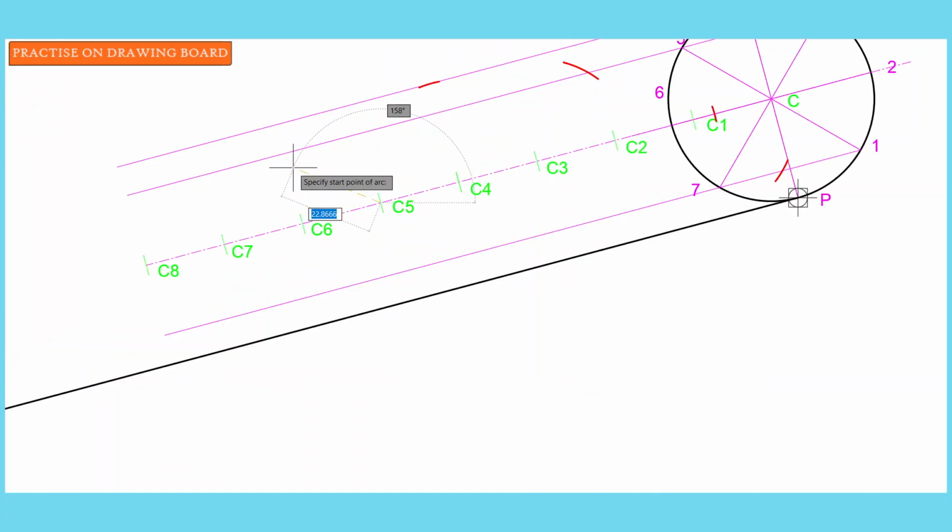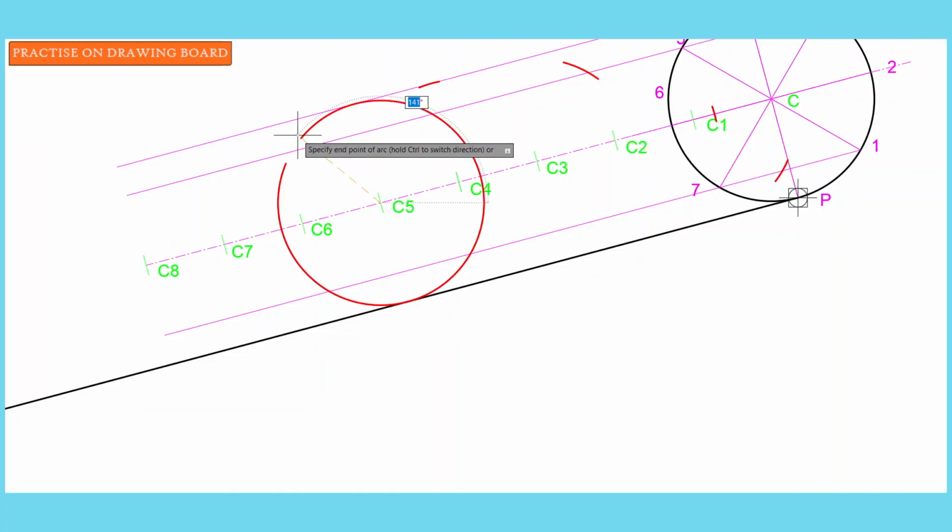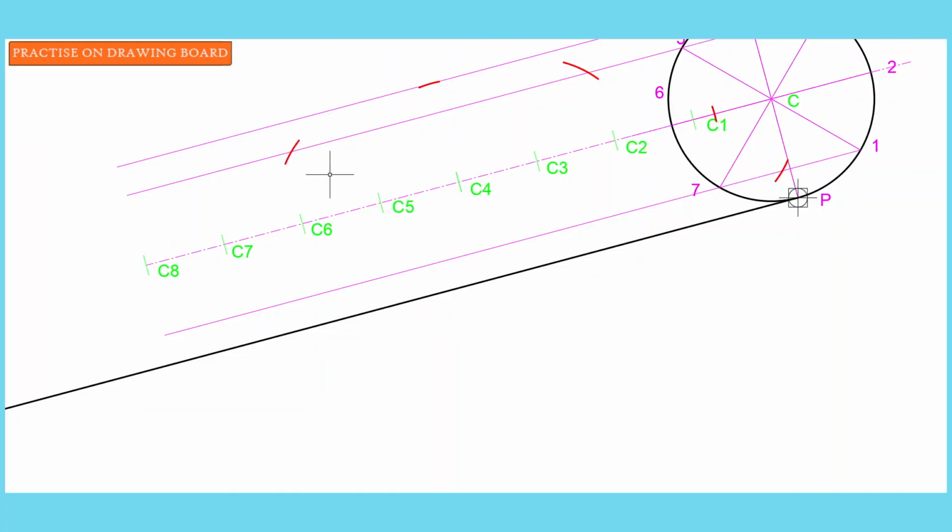5, same radius CP, draw an arc on the 5 horizontal line. That arc should go to the other direction like that, to the left. And then C6 on the 6 horizontal line, which is also the center line.